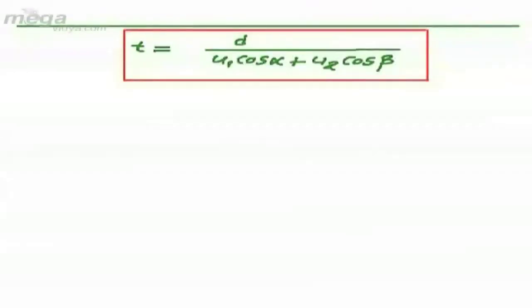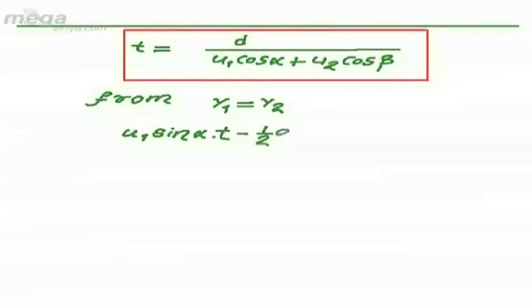We can further find one relation from the other condition, which was y1 equal to y2. Then we can say y1 is equal to u1 sine alpha into t minus half g t square.